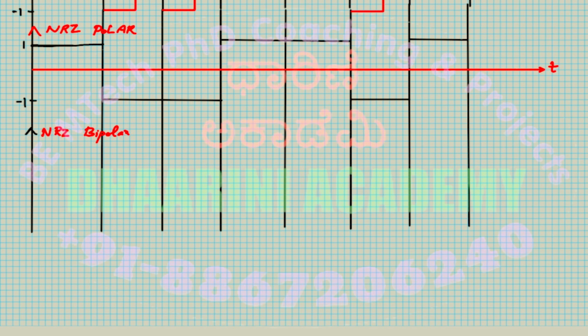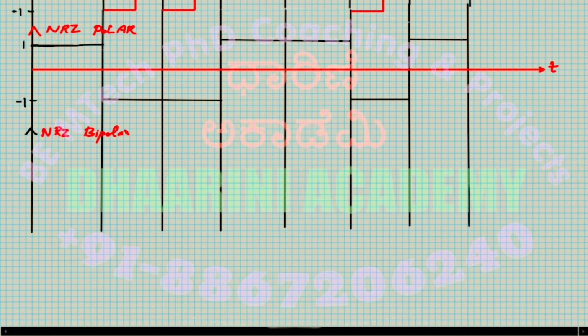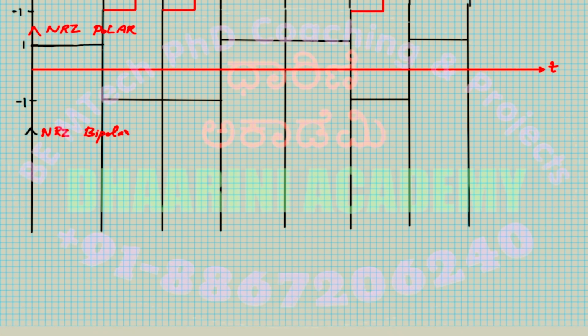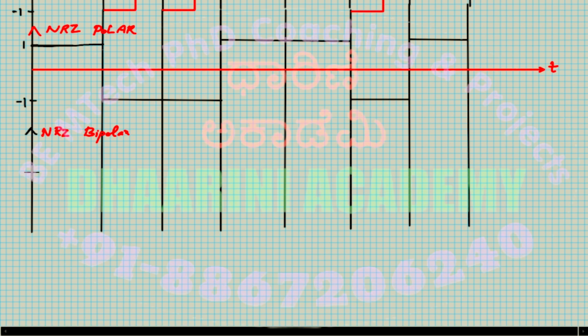So just try to differentiate the bipolar techniques from the polar techniques, because polar will also have two polarities, but specifically bipolar uses the second polarity only when you have two continuous ones. Okay, 0 is a 0, but when I have two continuous ones coming into picture, only then I use the second polarity.